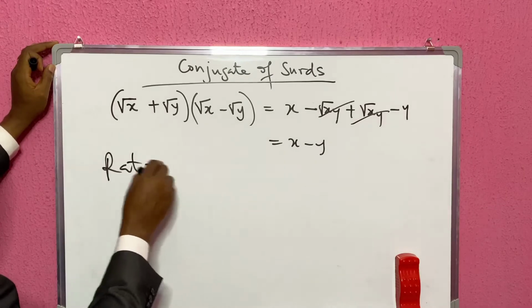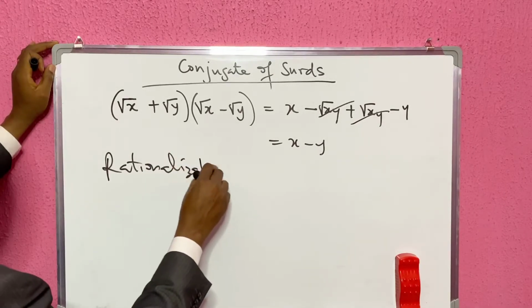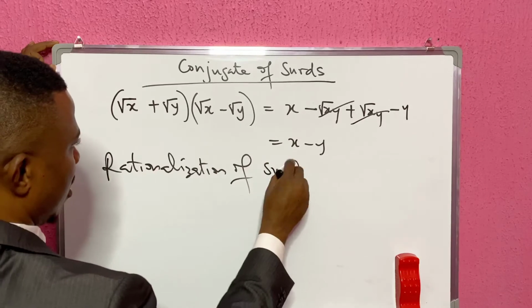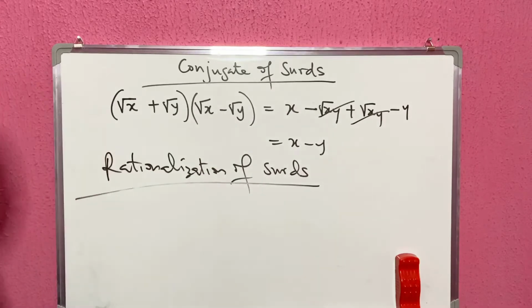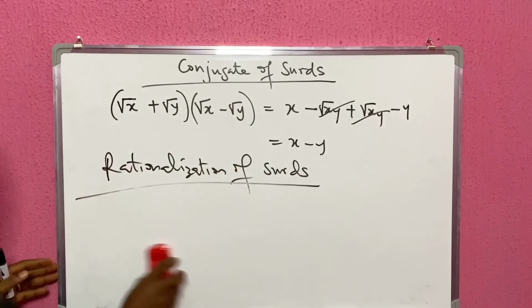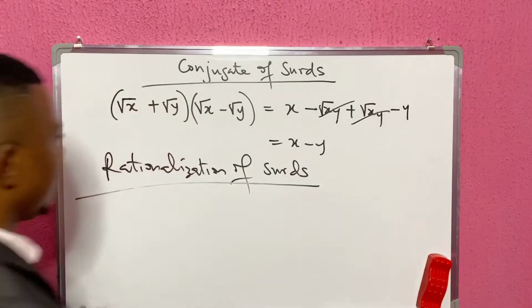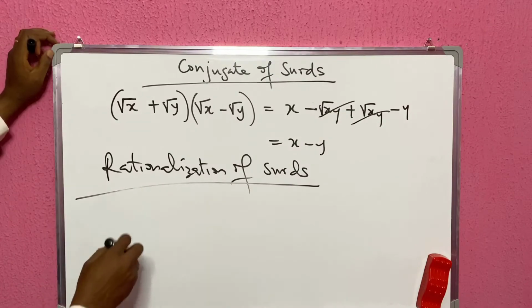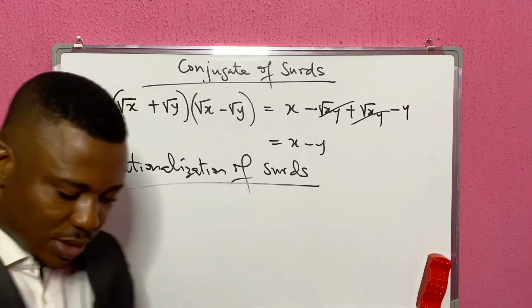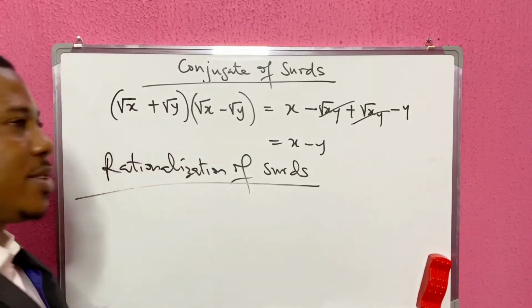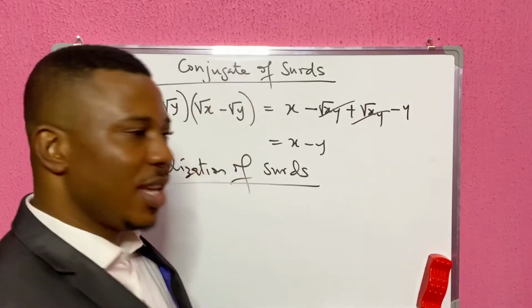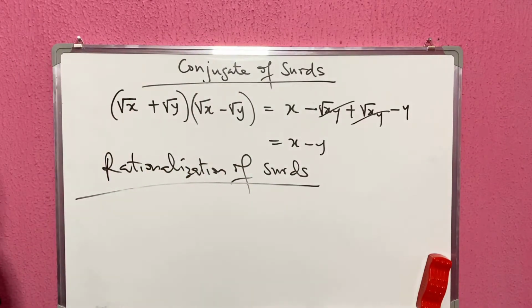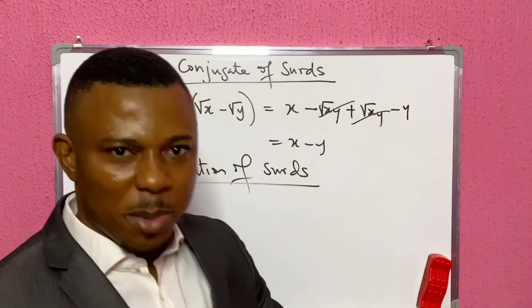Rationalization of surds. Now, to rationalize a surd is to handle this surd in such a way that you are going to get a rational denominator.